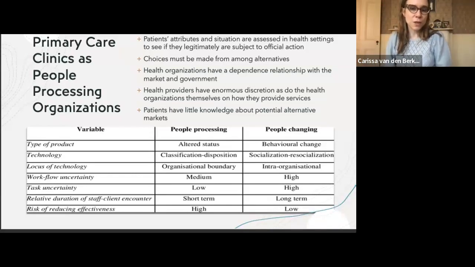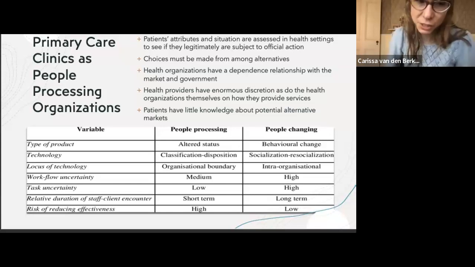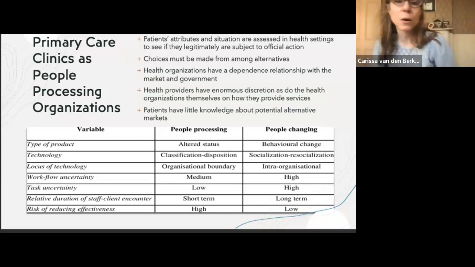One of my mentors in graduate school came up with the concept of people processing organizations. This means human service organizations: health providers, social service providers, any kind of organization that services human well-being.